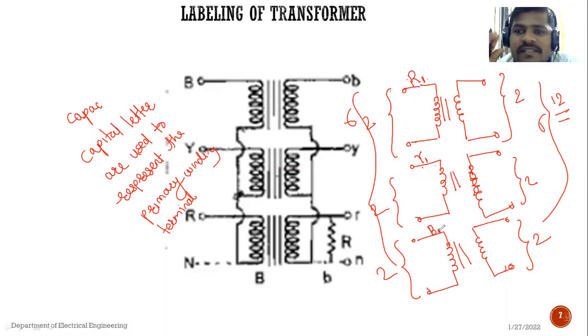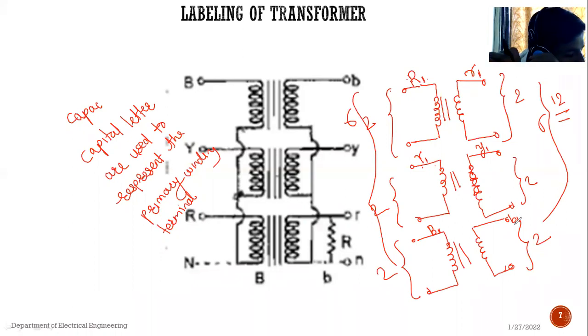Similarly, the small letter can be used to represent the secondary side. Small letter secondary side चं represent करण्यासाठी आपण small letter use करतो. So suppose this one is the r1 terminal, this one is the y1 terminal and this one is the b1 terminal. Okay, see, keep in mind the capital letters are used to represent the primary side of the winding.